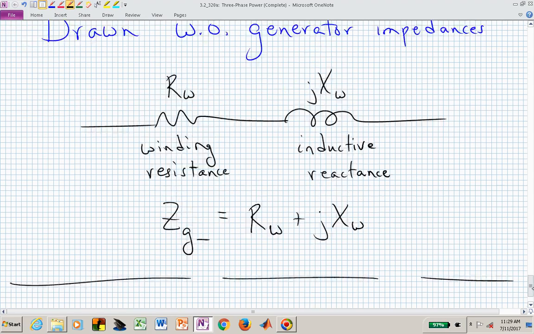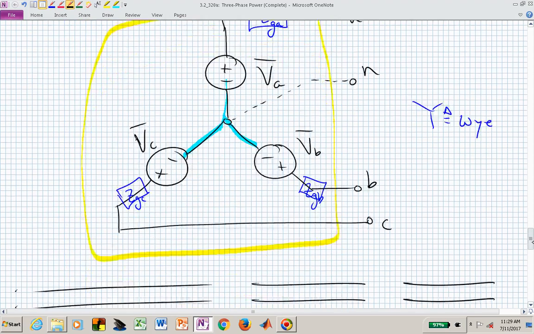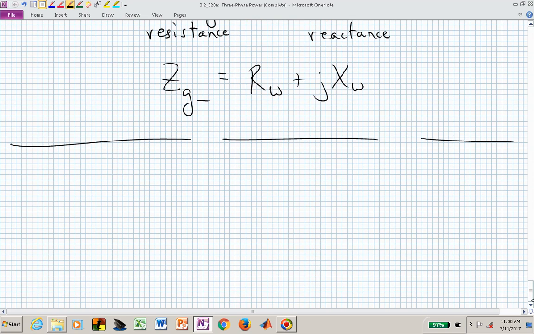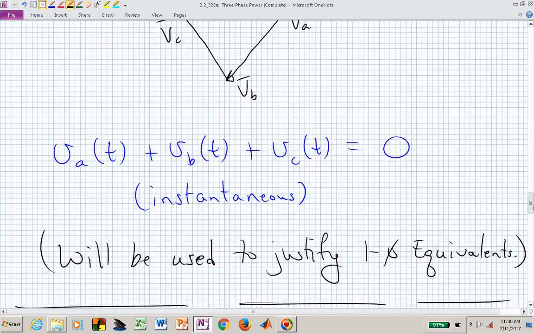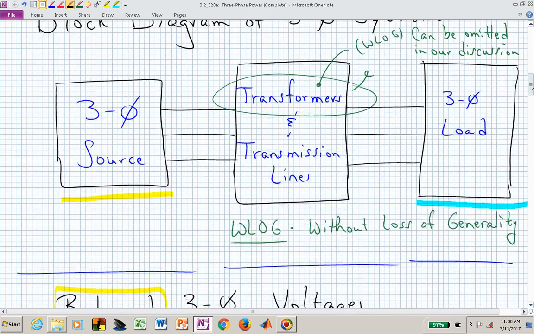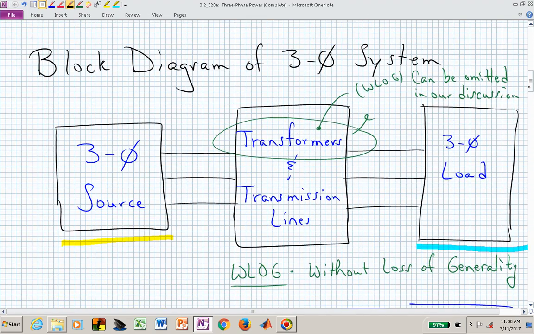That's how we can wire sources in our three-phase system. Let's now look at the other side of this, the other side now being the right side in this block diagram. We've just talked about the source side on the left.